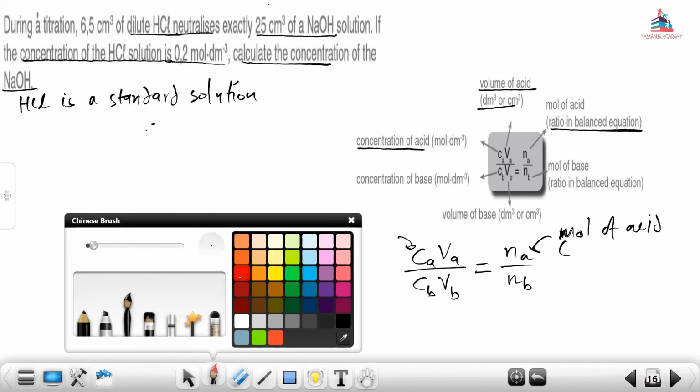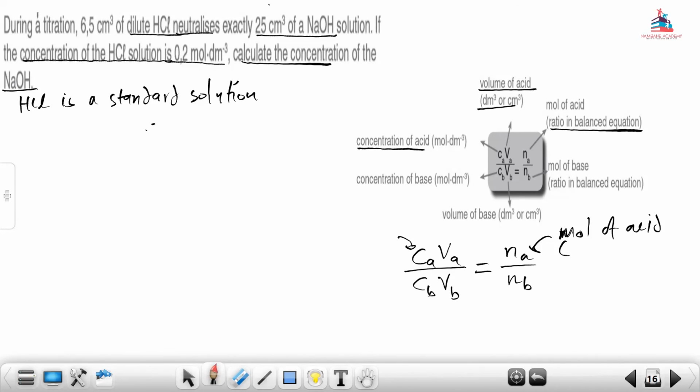Because, ladies and gentlemen, it has a precisely known concentration, 0.2, and a precisely known volume. So a standard solution, I repeat, is a solution with a precisely known concentration. So we know the volume, we also know that. So it becomes a standard solution.